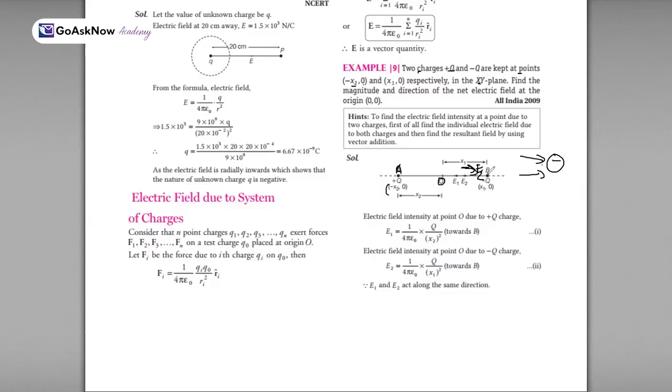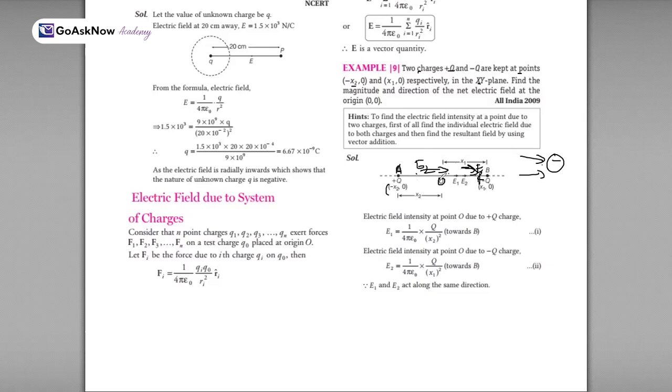It is coming inward to this charge. And for plus q, the electric field direction would be outward, like this. So this is E2, and this is your E1.